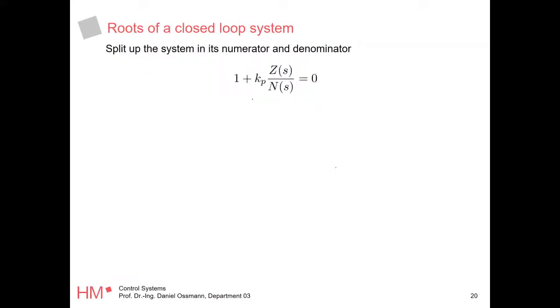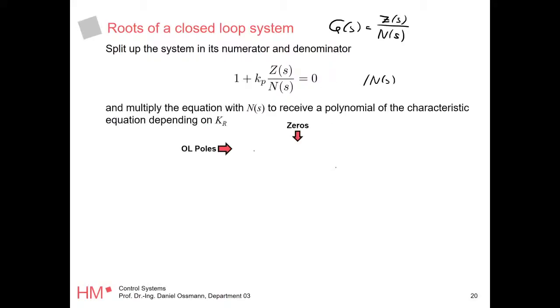You can split up your G of s, as we did when we introduced the polynomial form, into a numerator c of s and the denominator n of s. And then you multiply by n of s. This is actually always going to work.